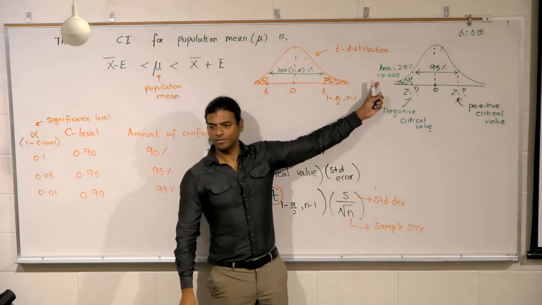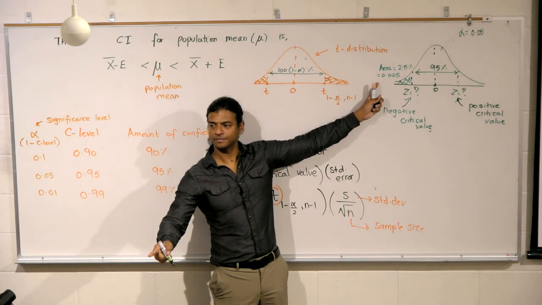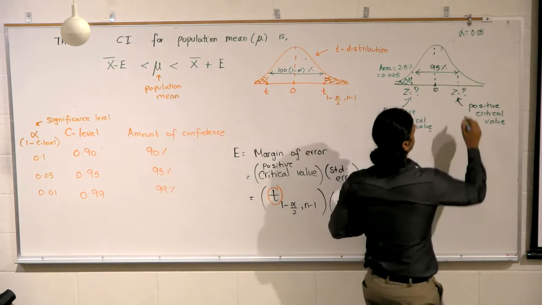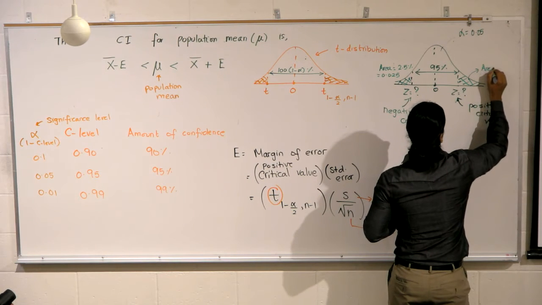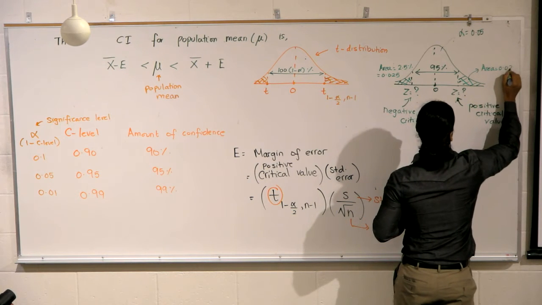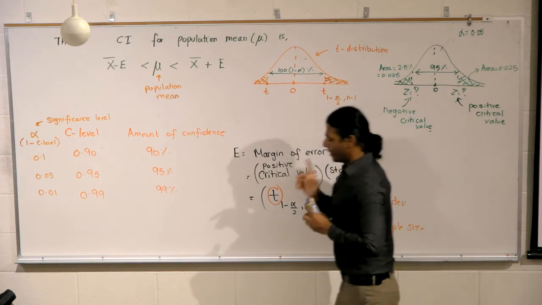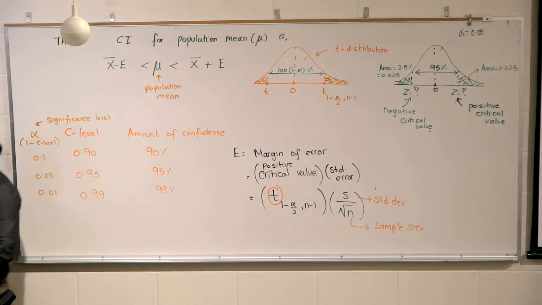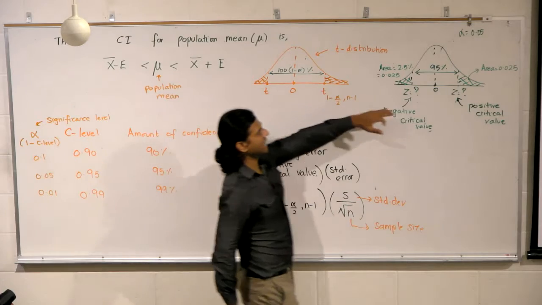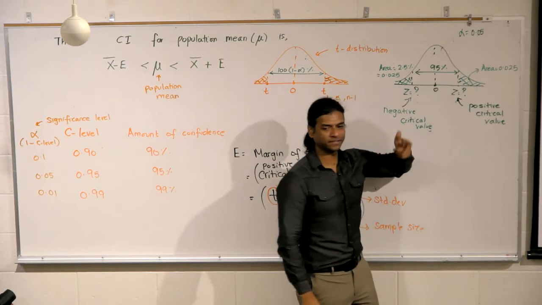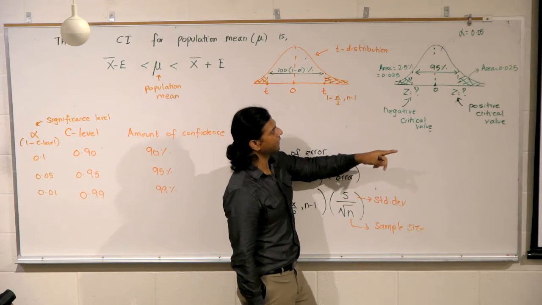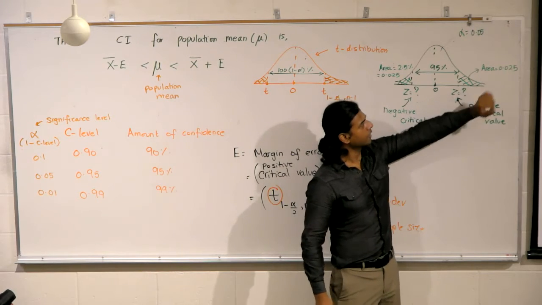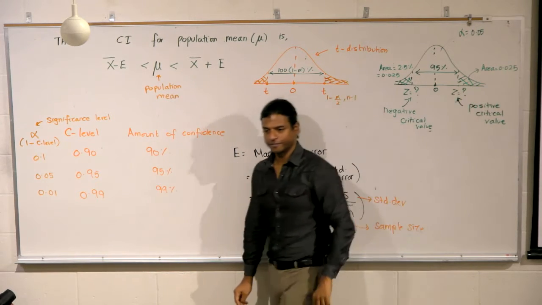Which is 0.025, correct? What is the area over there? Same. So if alpha is 0.05, the area in each tail is half of that value, correct? So in terms of alpha, how can I write that 0.025?